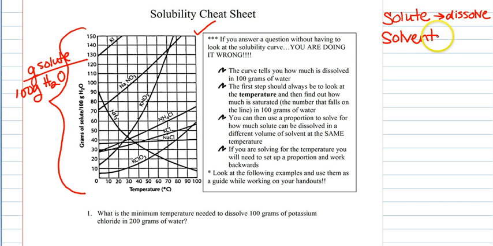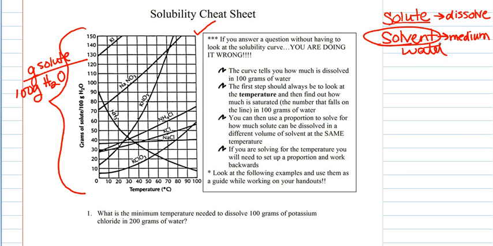So this is the medium by which you're dissolving the solute. And what you're looking at here are all of the salts that are your solute. So potassium iodide, sodium nitrate, potassium nitrate, these are all solutes that are dissolved. And the solvent in this case is water.